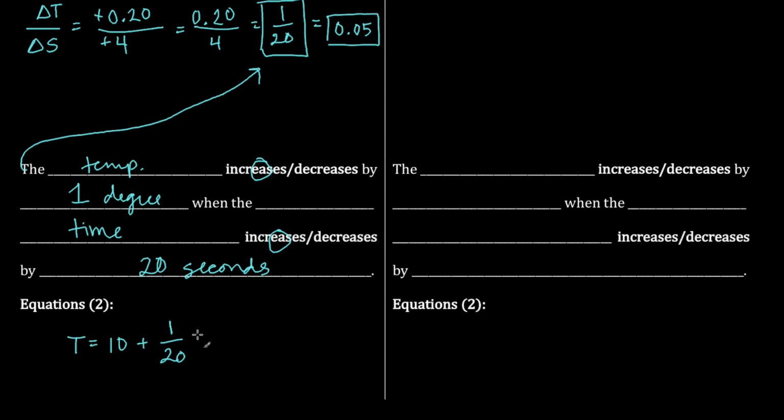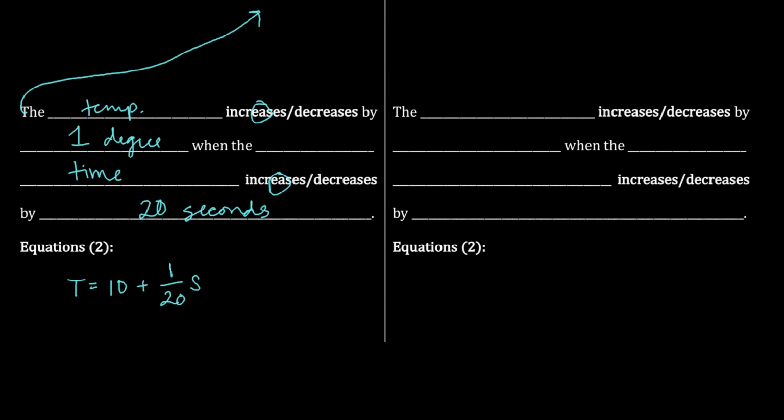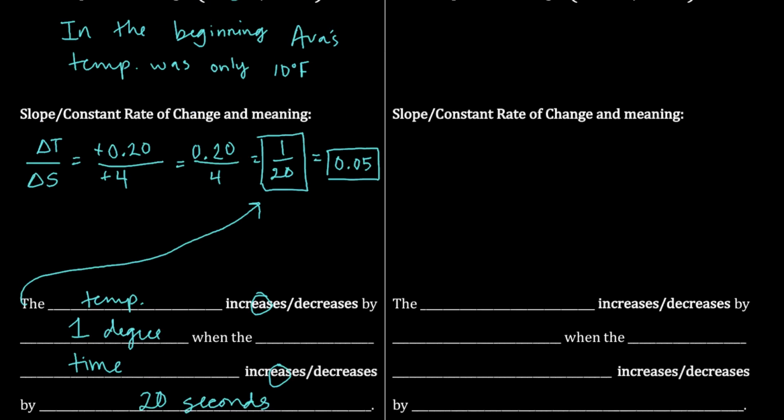That's going to be hard to make not look like a 5. Or you can say the temperature starts off at 10 degrees and increases by 5/100th of a degree every second. That one's a little hard to see or differentiate.